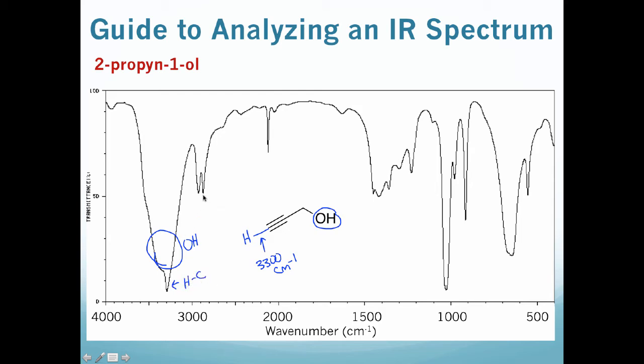Now, right below 3000, we have a couple of signals. And remember, just below 3000 is C sp3 carbon-hydrogen stretches. So that likely corresponds to these CH stretches there. Another distinguishing signal is this peak right at about 2100 wave numbers. And that distinguishes this carbon-carbon triple bond stretch.